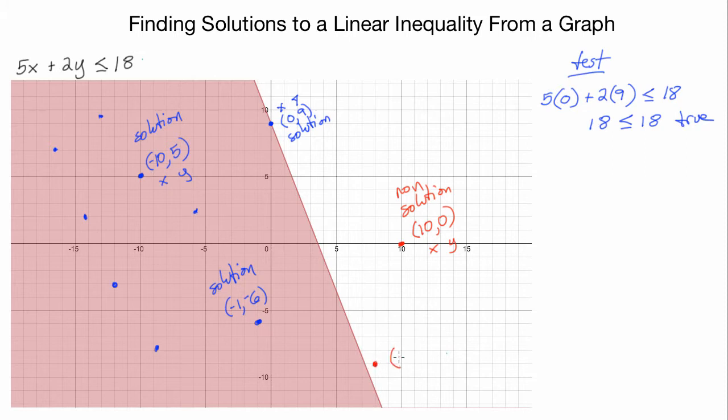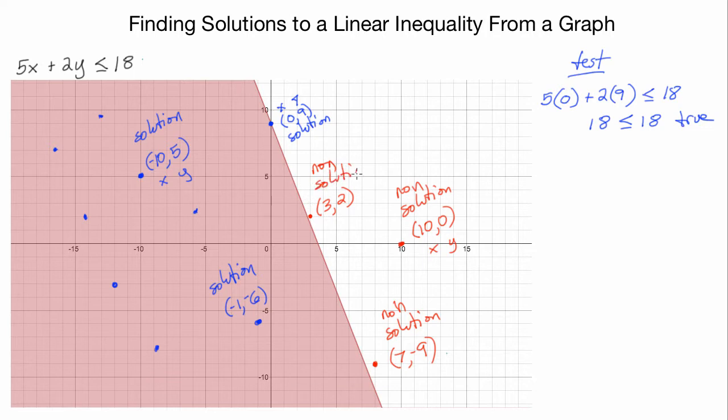So that's an x value of 7 and a y value of negative 9. Those two input and output values, that's not a solution either. So non-solution. Sorry for my sloppy writing there. And one other point, even though it's super close, this one right here, when x is 3, y is 2, that's not a solution as well. It's not in the solution region.